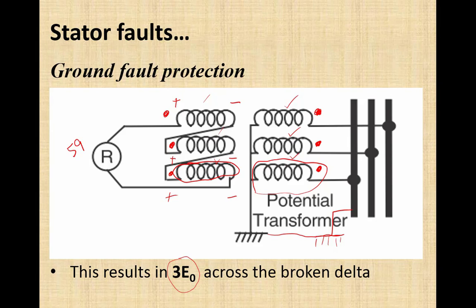There is another voltage that could appear across this overvoltage relay, and that is the third harmonic voltage. Remember, the behavior of third harmonic and zero sequence is the same, because zero sequence and third harmonic are both equal in magnitude as well as in phase in all the three phases. The only difference between third harmonic and zero sequence is the frequency.